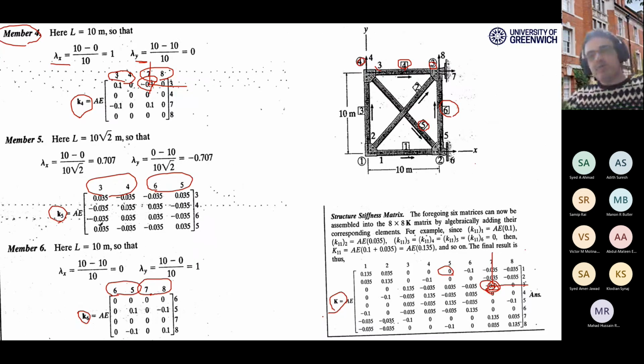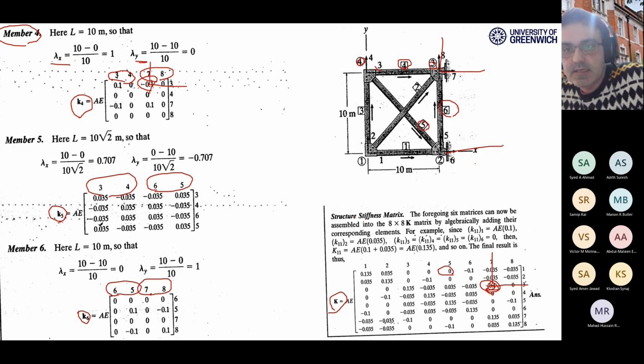Before proceeding, for this purpose, we know that three of the degrees of freedom correspond to the support deformations, which are 0. If you take a look at the structure, you will see that degrees of freedom 6, 7, and 8 are 0.